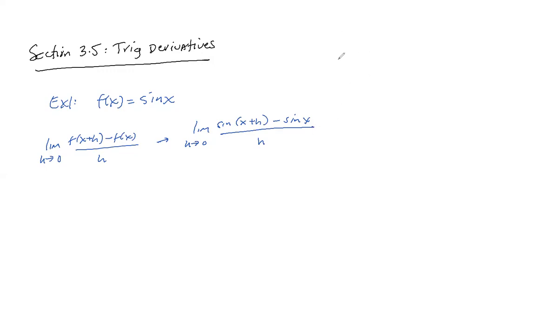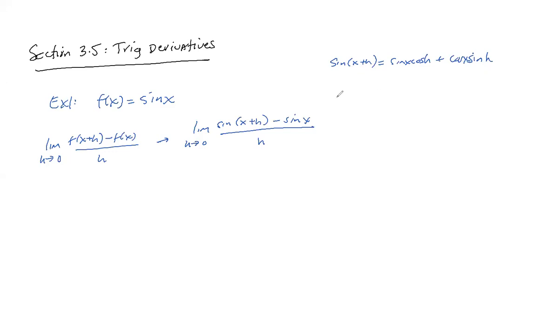What we're going to use is an angle addition identity, which may or may not be familiar to you. So if you have the sine of one thing plus another, it can be expanded. It specifically can be expanded like so. We could have the sine of x times the cosine of h plus the cosine of x times the sine of h.